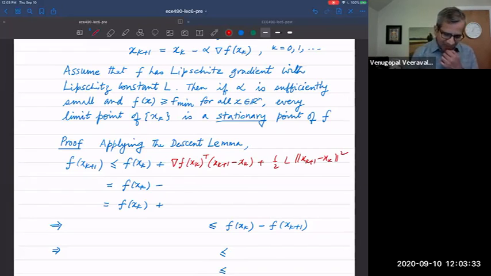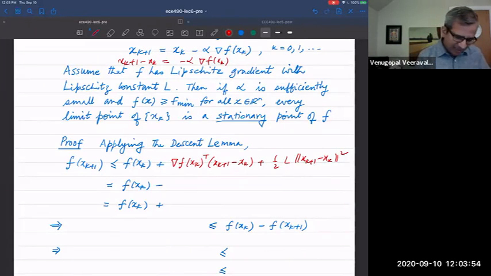Okay, now I'm going to go back and look at this. If I look at xk plus 1 minus xk, that's equal to negative alpha grad f(xk) for a gradient descent algorithm, right? So I'll plug that in for that difference.